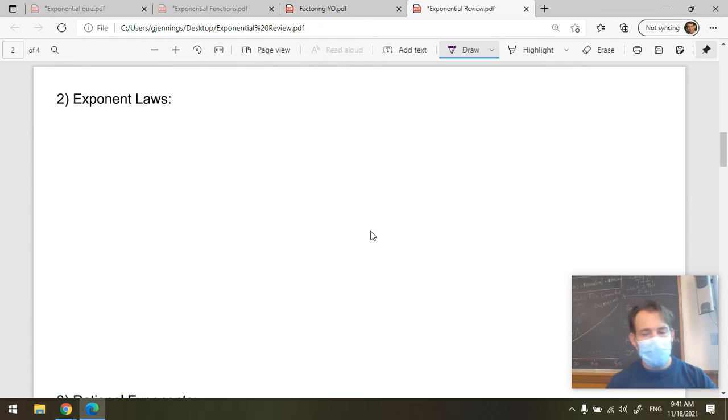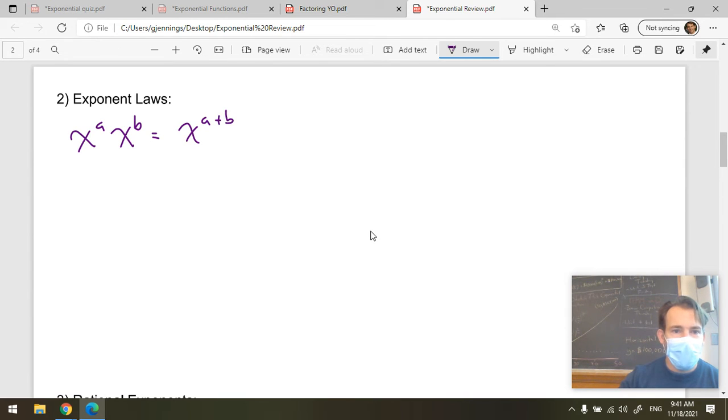Now let's review our exponent laws. We have the product of a power law. X to the a multiplied by x to the b equals x to the a plus b. We have x to the a divided by x to the b is equal to x to the a minus b.